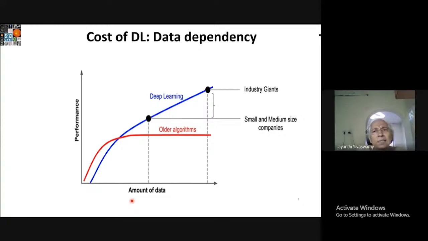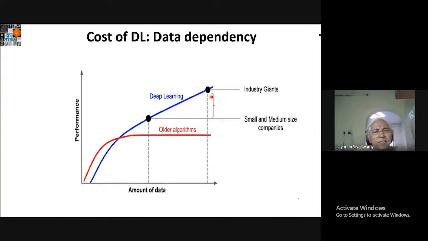And if you see this in terms of how you get this data, typically big corporate research labs are the ones who can buy the data. So industry giants have systems which perform at very high levels. Like Google has networks, whether in speech or vision, which perform extremely well, in speech, translation, everything.